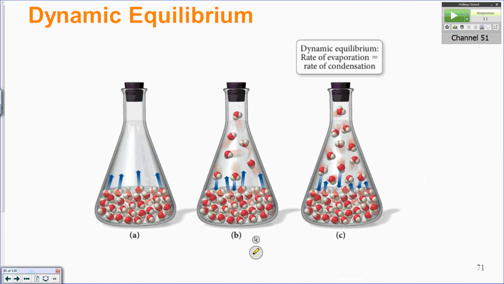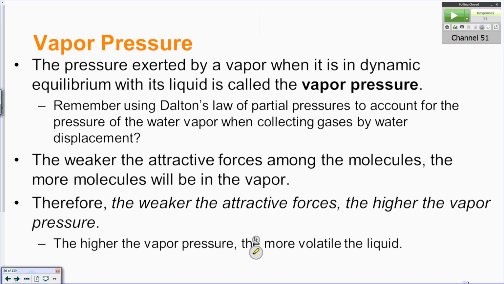So visually, you pour the liquid in, put the stopper in, and immediately it's going into the gas phase. Once it's going to the gas phase a little bit, some of the gas starts to come back to be condensed. Once the vapor becomes saturated, the rate of loss equals the rate of gain, and there's no net change in the volume of the liquid or the amount of gas.